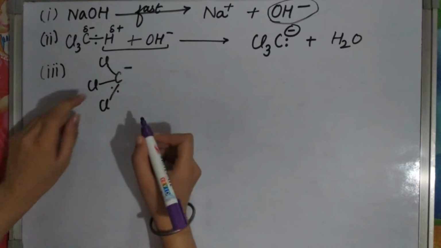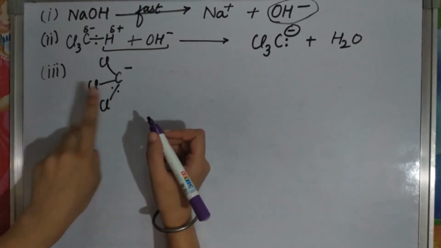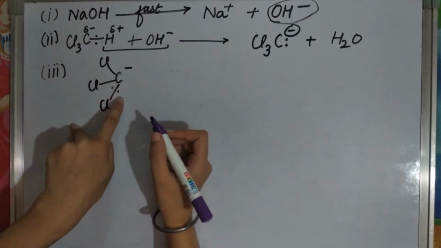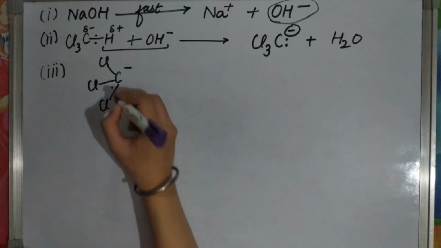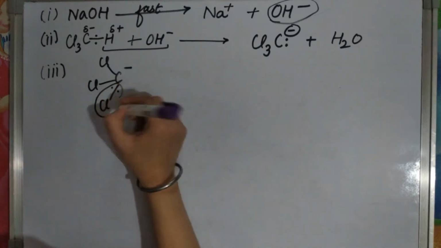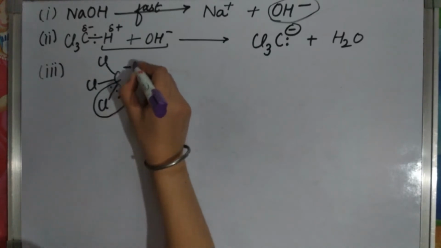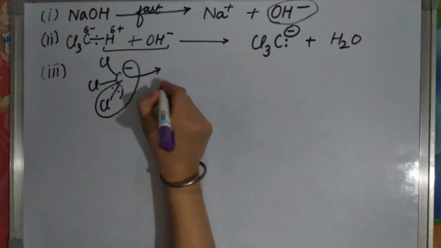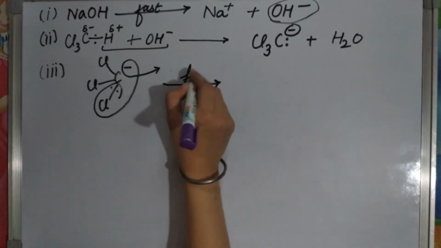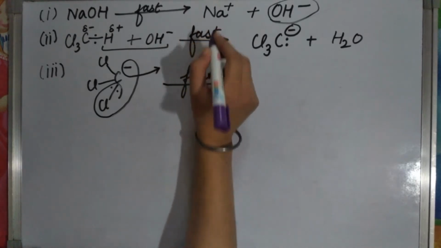These two electrons are of carbon and chlorine. Now from here, these two electrons and this chlorine atom are being removed, including this negative charge from here, and this is also a fast step. The second step was also a fast step.